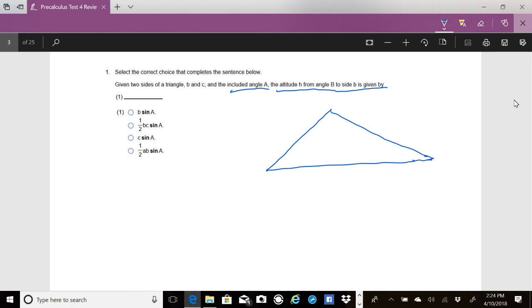Otherwise, you can't keep up with everything. So we have angle A, angle B, angle C. I'm going to go ahead and label sides. We're not going to necessarily use all the sides.